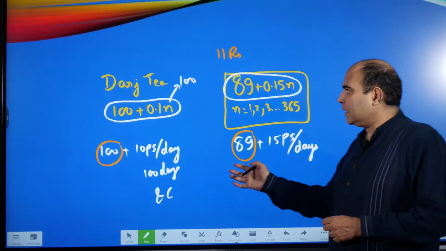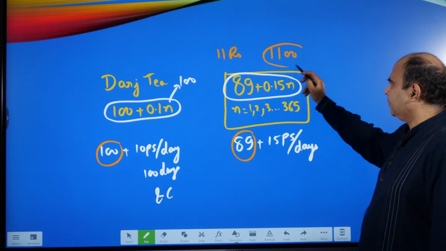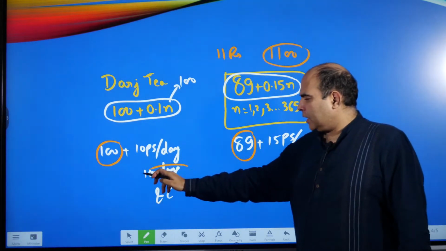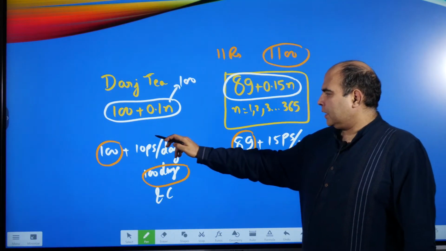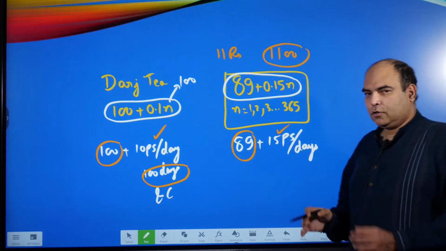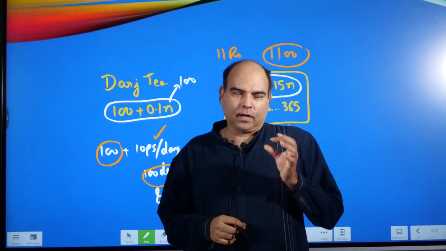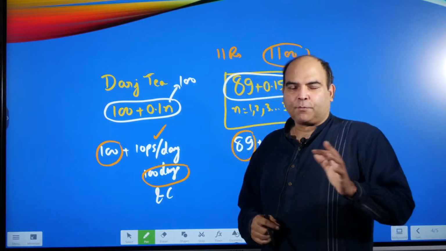Since we are thinking in paise, the logical thought is to think about 1100 paise. And for the first 100 days, Darjeeling tea is increasing by 10 paise per day, OTT is increasing by 15 paise per day. So OTT is catching Darjeeling tea by 5 paise per day. So in 100 days, 500 paise catch up will happen.